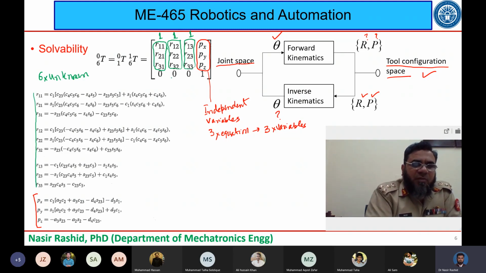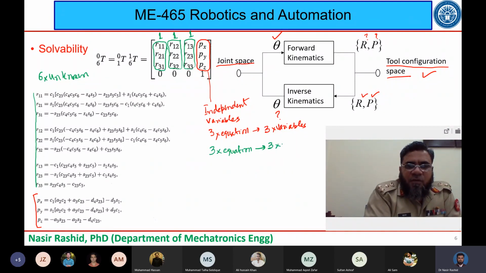Of these 9 equations, I am going to reduce to 3 equations, taking one from each vector. So we will have 3 more equations, with which we will be able to find 3 more variables. So now I am going to have 6 equations and 6 variables.